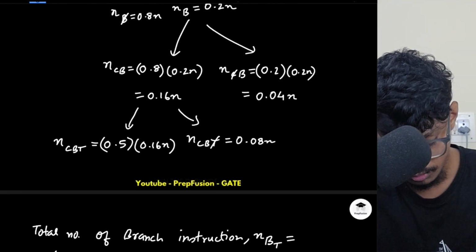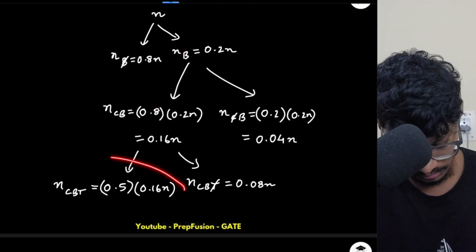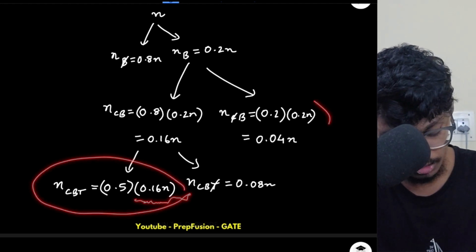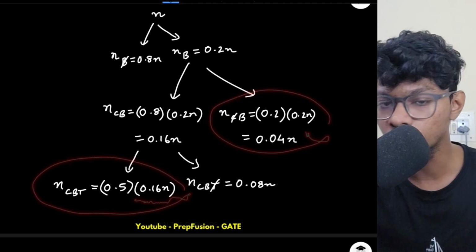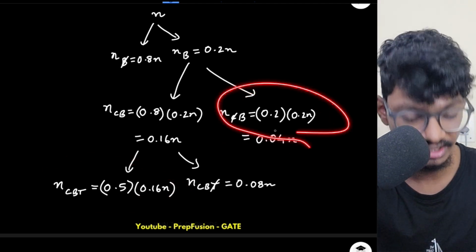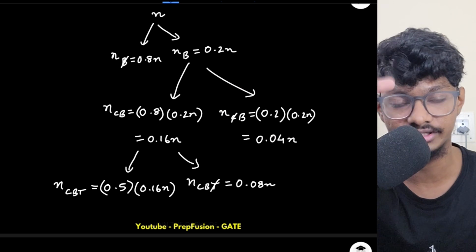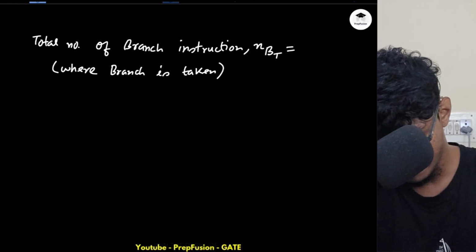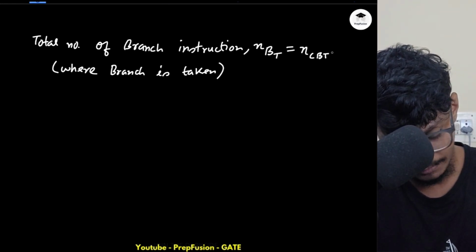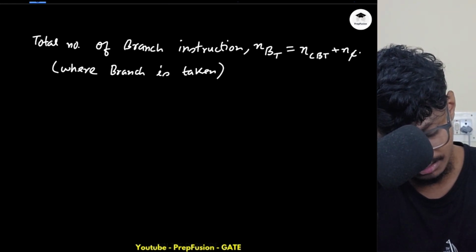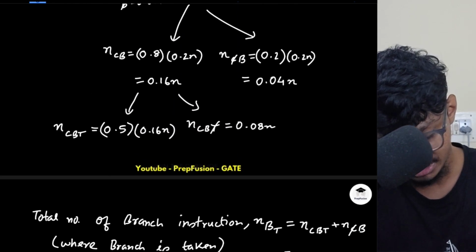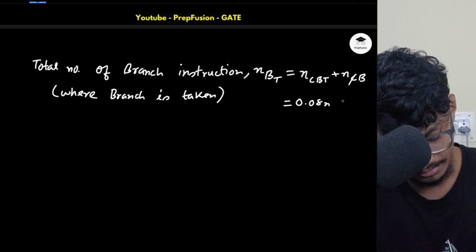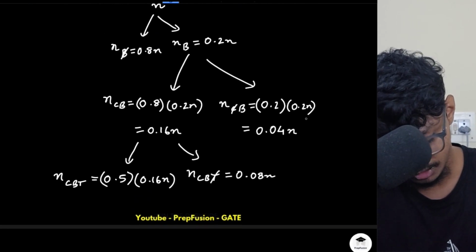Coming back here, I have this many conditional branch instructions where the condition will be true and the branch will be taken. Also, I have unconditional branch instructions, and those will be taken regardless. They don't have any condition associated with them. So this plus this: N_CBT plus N unconditional branch instructions. N_CBT is 0.08N, plus unconditional is 0.04N.